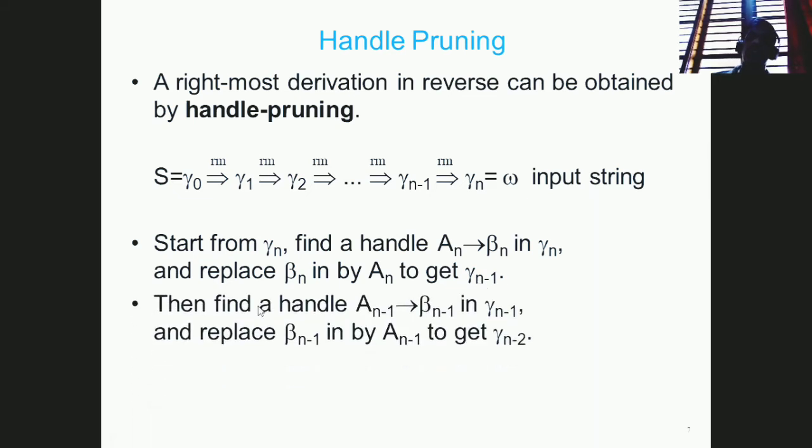If we continue, we find A n minus 1 for beta n minus 1. That is, I replace beta n minus 1 in gamma n minus 1 with A n minus 1, which gives gamma n minus 2.